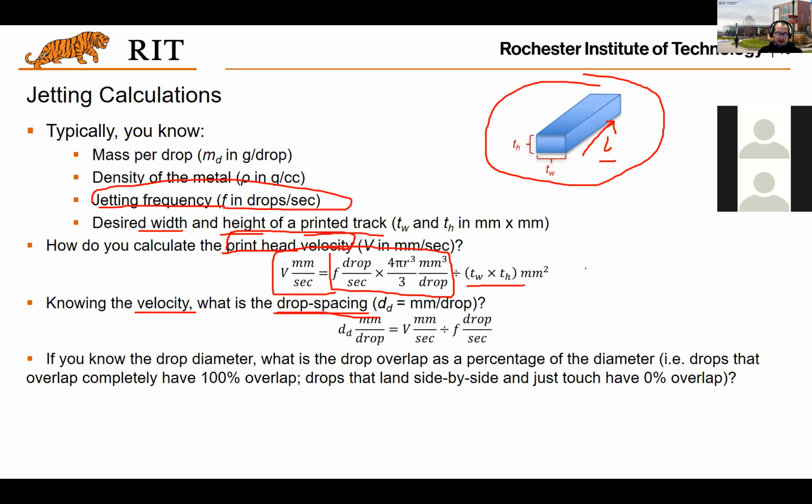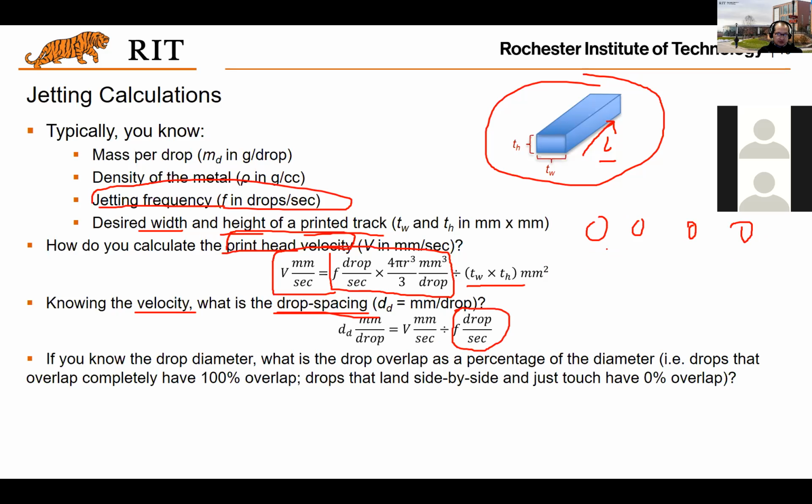So as you can see here, this drop frequency tells you in 1 second how many droplets there will be on the printing platform, right? And that's what the jetting frequency tells you.